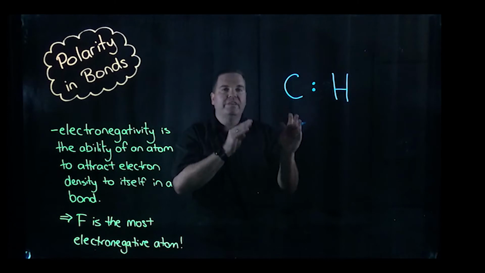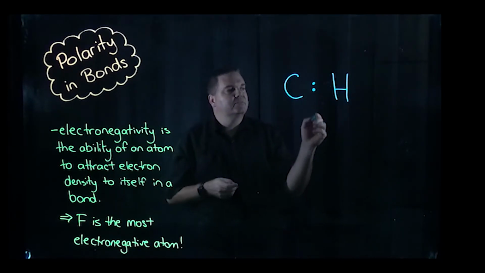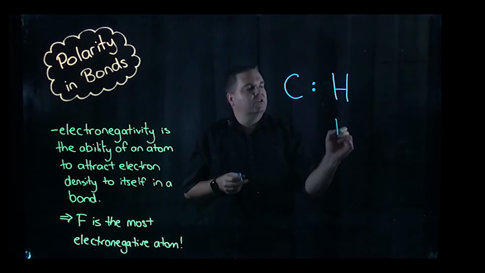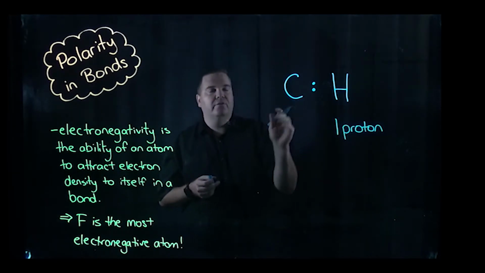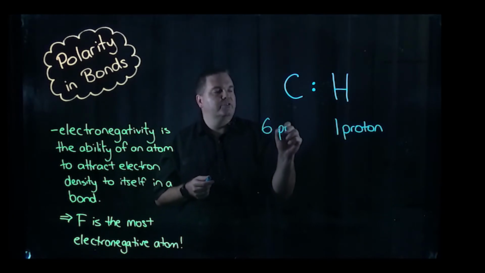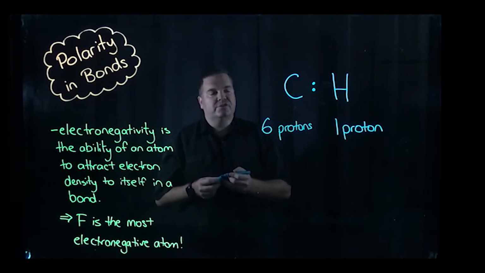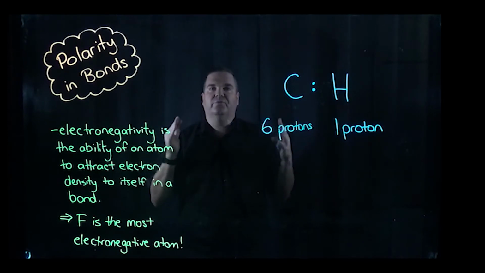Now, within those 2 electrons, we've got to think about what's happening for each of these atoms. A hydrogen over here, in its nucleus, has 1 proton. Whereas a carbon over here, in its nucleus, has an atomic number of 6, so it's got 6 protons. Now, hydrogen only has 1 electron shell, carbon has 2 electron shells, so obviously those outer shell electrons are a little bit further away.